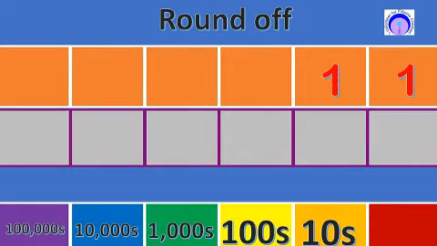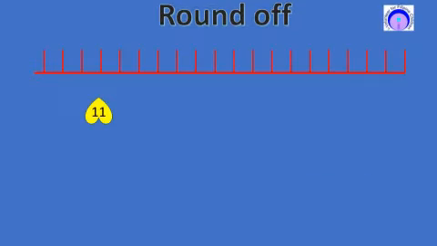For our first example, let's round 11 to the nearest tens. To demonstrate, I will show you the number line pointing to number 11. The next slide also shows you number 10 and number 20. My next question is, which one is nearer, 10 or 20?